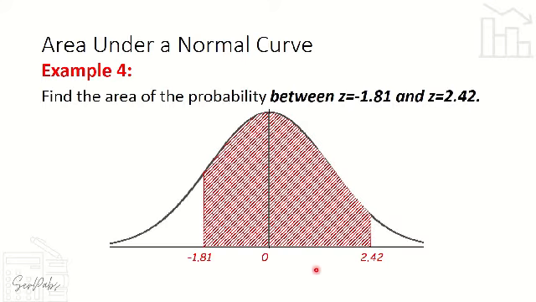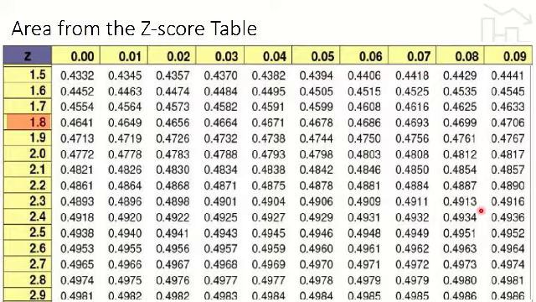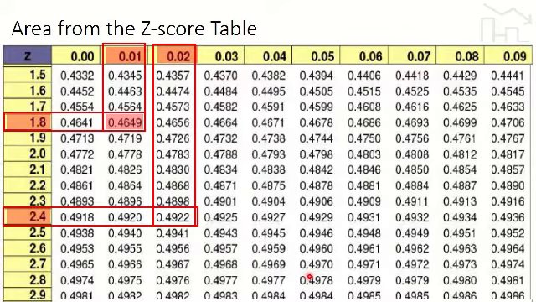So, let's get the probability of negative 1.81 and 2.42 from our Z-score table. So, ito ngayon ang ating 1.81. So, that is 0.4649. And then we have our 2.42, and that will be 0.4922.